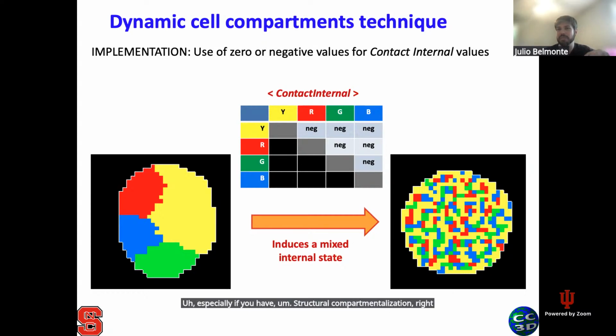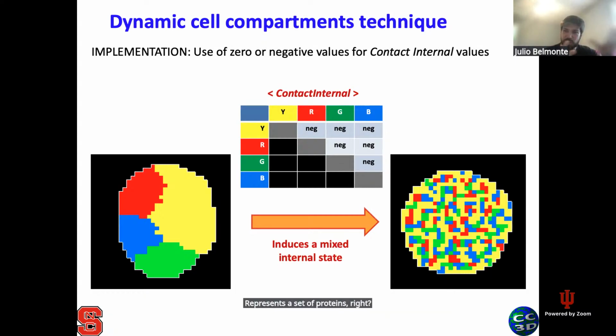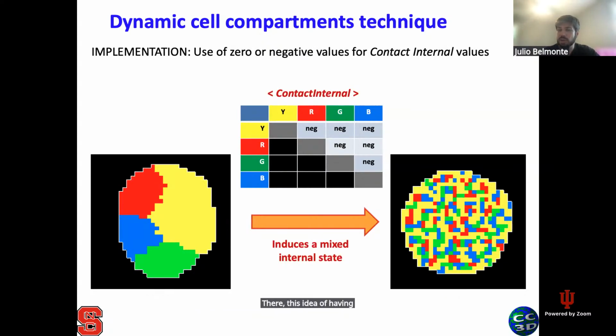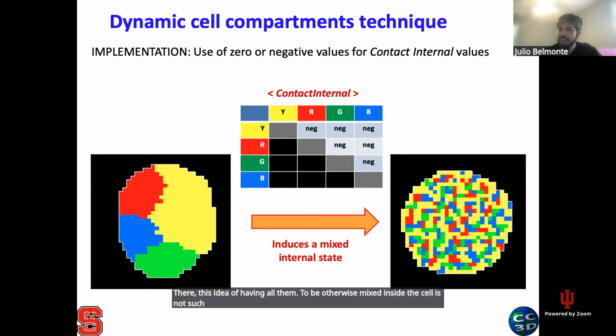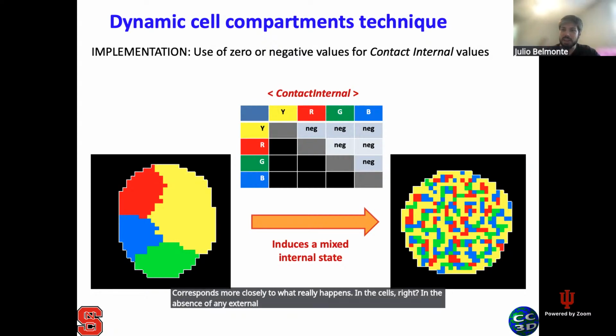But when you have functional compartmentalization, where each compartment represents a set of proteins that can diffuse inside the cell and self-sort according to the environment, then this idea of having them all mixed inside the cell is not such a bad idea. Actually, it corresponds more closely to what really happens in cells. In the absence of any external stimuli, many proteins just remain in a diffusive, mixed state inside the cell.